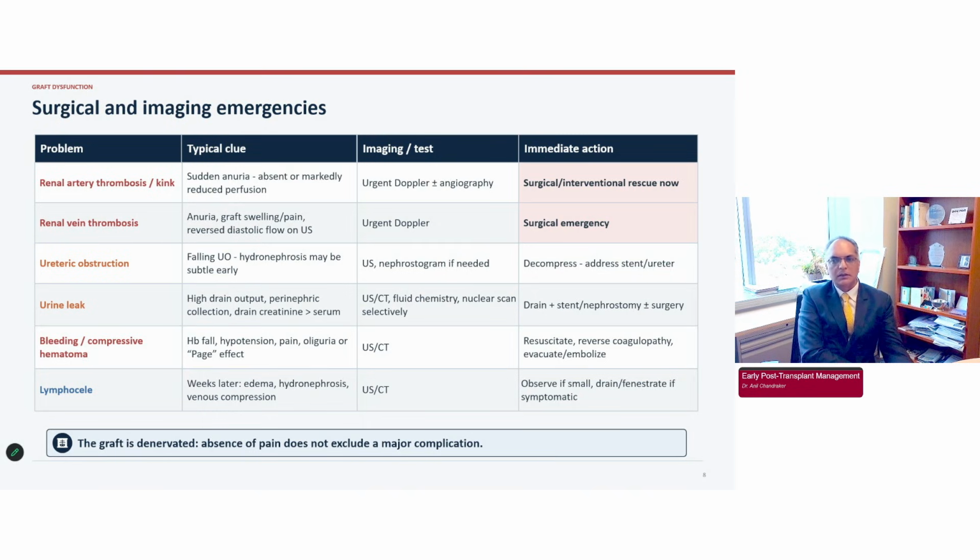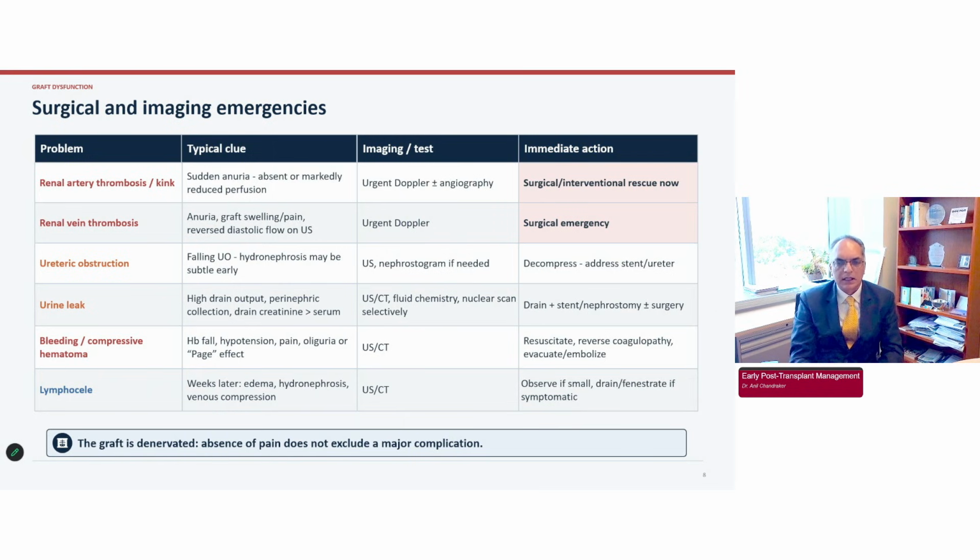But again, treatment is drain and stenting. Bleeding is another surgical emergency. You may see a bleed, you may see something on imaging. If it is a retroperitoneal bleed, you may need to do a CT scan, as it may not be picked up on ultrasound, and obviously the treatment is to resuscitate the patient and treat the cause of the bleeding.